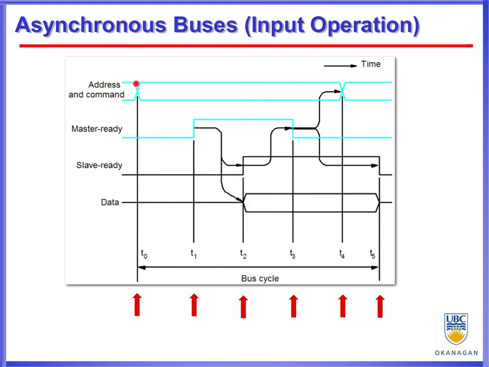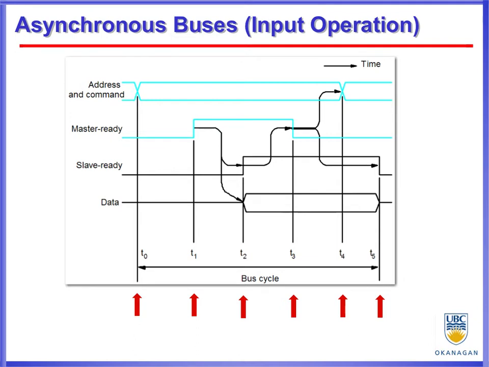At this point in time, again, let's assume that the master is the processor and it's reading in data from the memory unit. So at this point in time, the master is going to place new address and command information on the address and control bus. Okay, so the address goes on right here. As soon as the other devices on the bus see that address information, as soon as it arrives at those devices, they immediately begin decoding it.